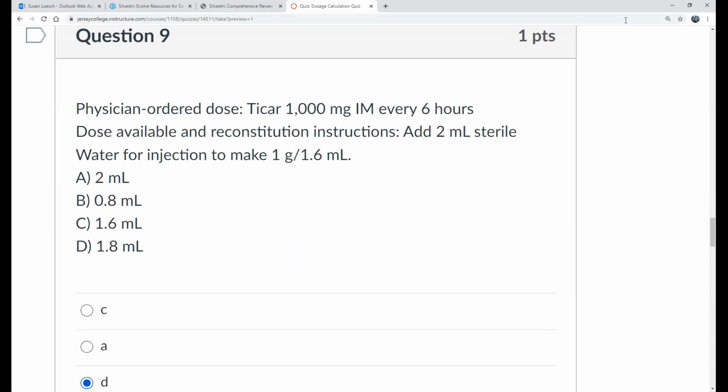Okay, reconstitution. Let's see how you're doing, superstars. What'd you get? 1.6.